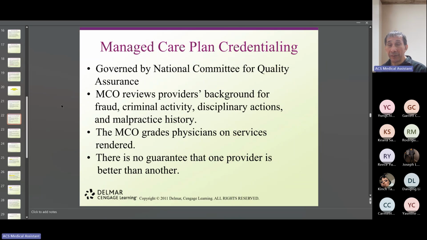So they're not going to be balancing out who is the best provider. That's not what they're going to do. They're going to make sure that the patient receives the quality of care that they deserve, so that you don't get them in trouble, that you complete your medical records on time, and that you do not misdiagnose the patients.